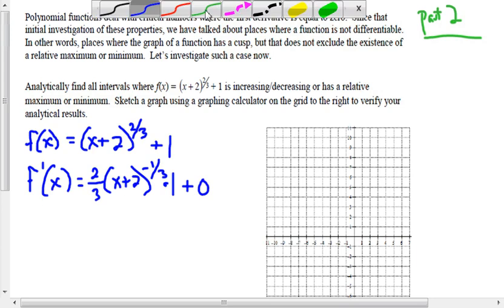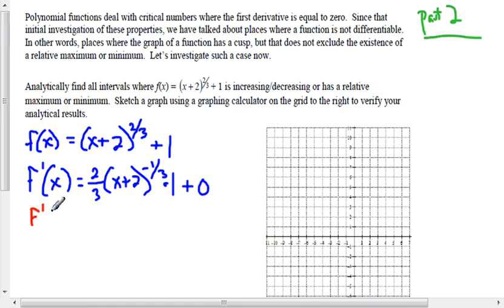I've taken the derivative using the chain rule, and to simplify it, whenever I have a negative exponent, let's put that in the denominator. I'm going to write these as two separate fractions right now, and that'll be (x + 2) to the positive 1/3.